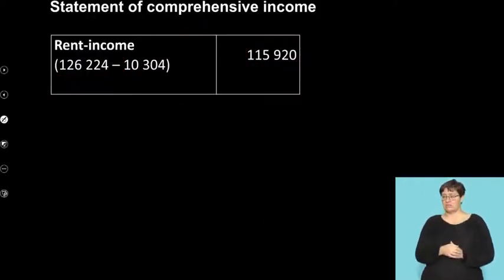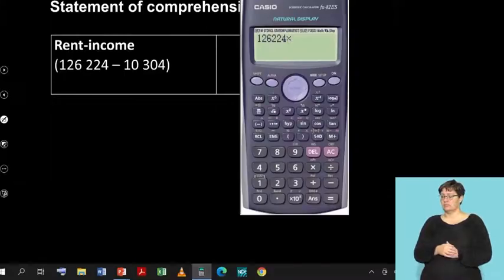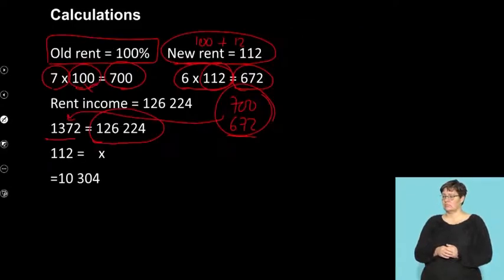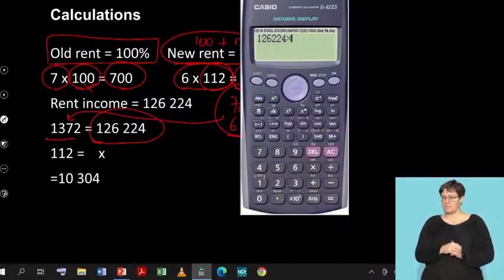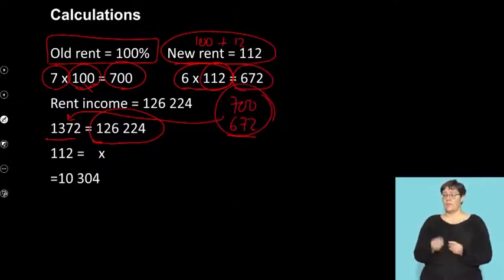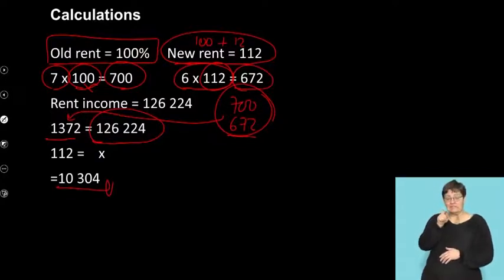So let's go back to our calculator. 126,224 times the 112 divided by 1372, and here we go. There's my figure, 10,304. What is the 10,304? That will be the rental for January.